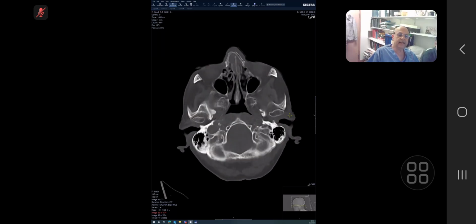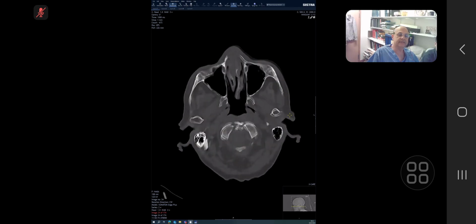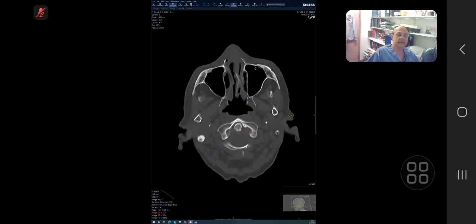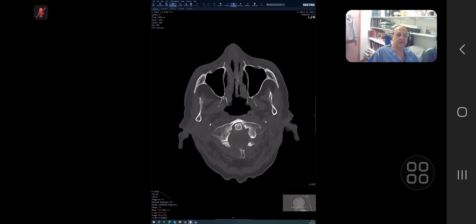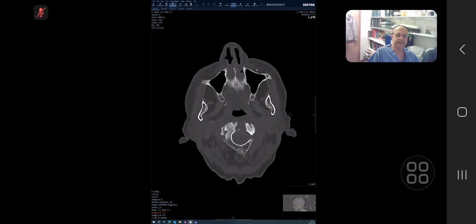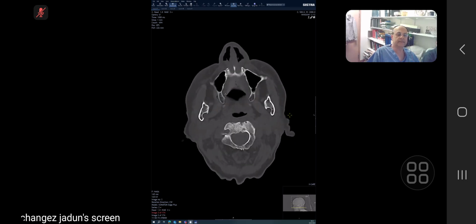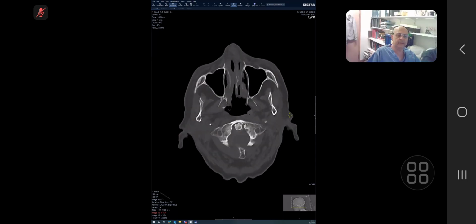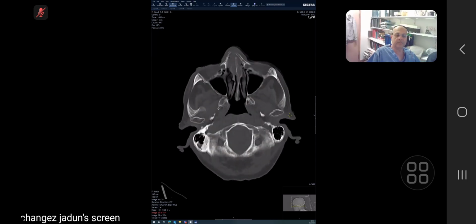So I'll say here I can see movement artifact of the nasal bones. I can't figure out if there is a fracture or not. I can see there is significant soft tissue swelling. Because of movement artifact, I don't know if there is a fracture or not, but I can see there is no blood in the maxillary sinuses. Then I say I'm now looking at the mandible, the temporomandibular joints.